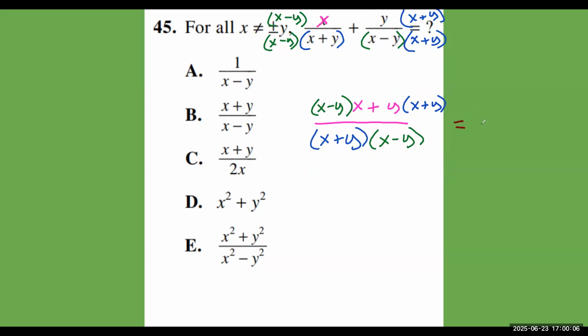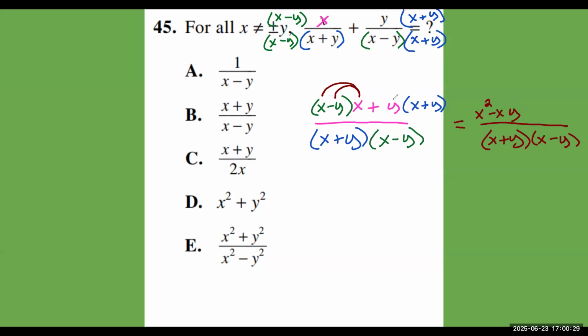So I have a common denominator of x plus y, x minus y, and I can do the math on the numerator. Well, the first thing I see is that x is getting multiplied by x minus y, which would create x squared, oh, Miss Johnson, minus xy.